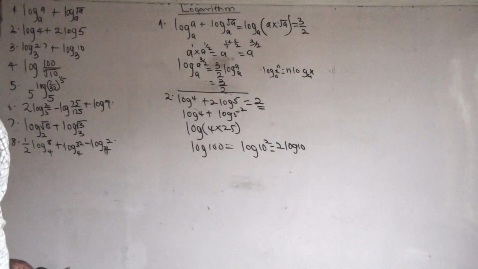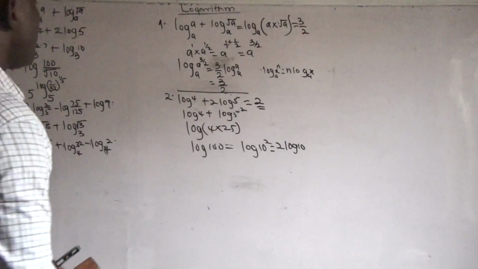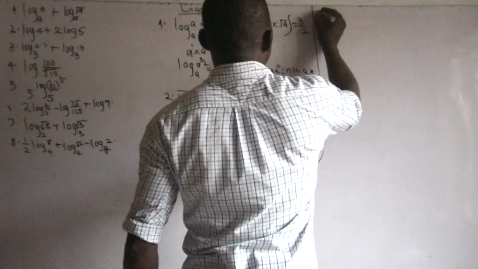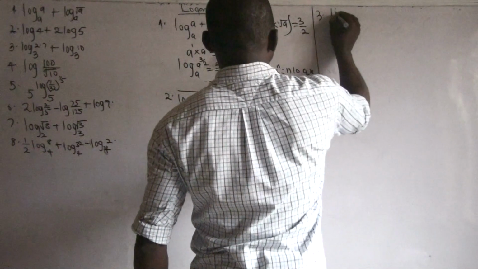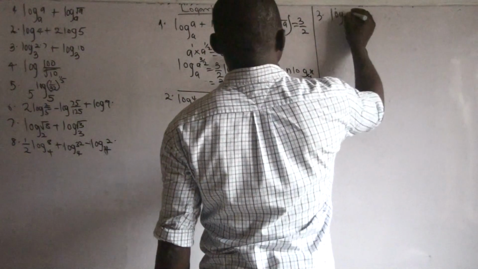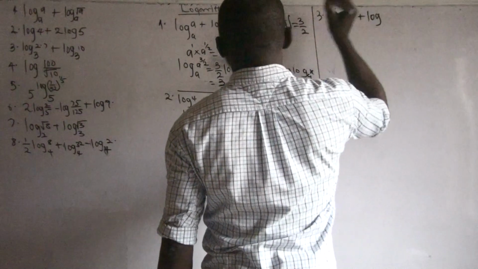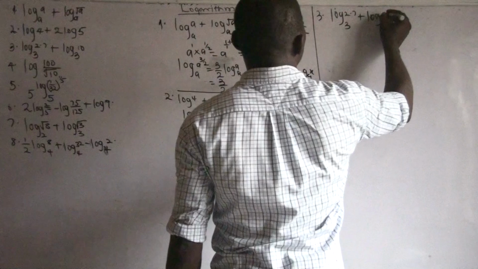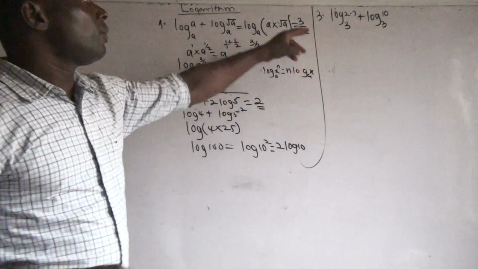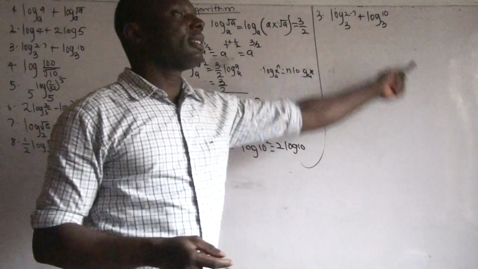Okay, now let's look at this logarithm. Number 3. Let's look at number 3. Say log base 3 of 27 plus log base 3 of 10. Here we are seeing an addition and the bases are the same.